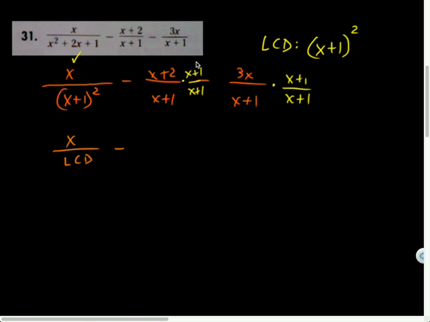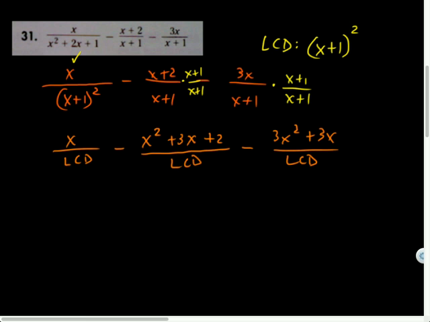Minus, and remember you have to FOIL these things, or distribute: x squared plus 1x plus 2x is plus 3x. And then 2 times 1 is 2, all over the LCD. And then minus, and then distribute here, that would be 3x squared plus 3x, all over the LCD.